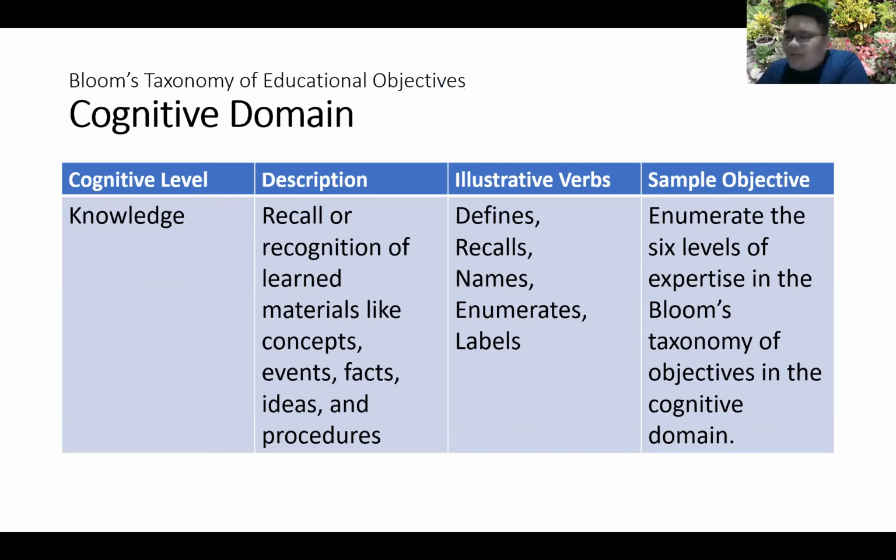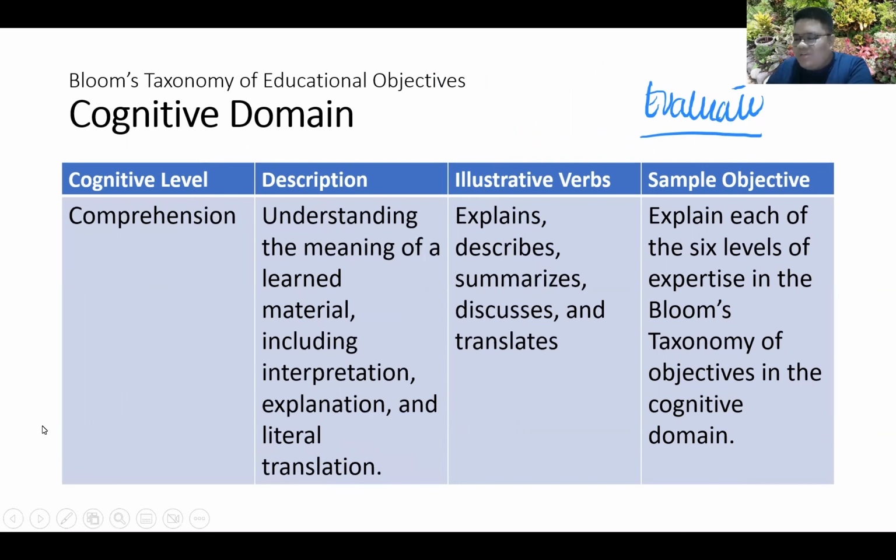In the evaluate, which is the E here, you already critique, you already judge what is applicable and what is not. Okay? So kumbaga, parang uma-advance yung knowledge natin. So try to memorize and try to pick up words here that could help you on the description and then the illustrative words. So class, the keyword naman that you have for the comprehension is understanding.